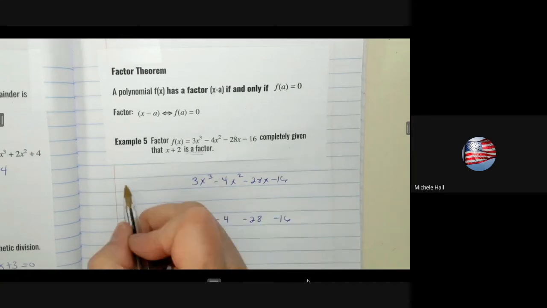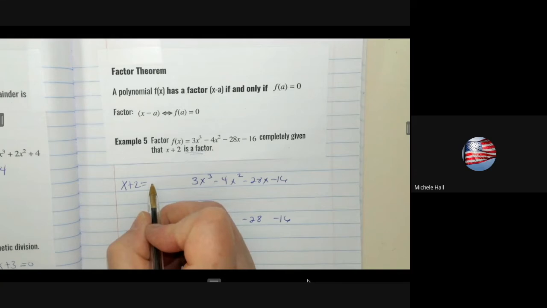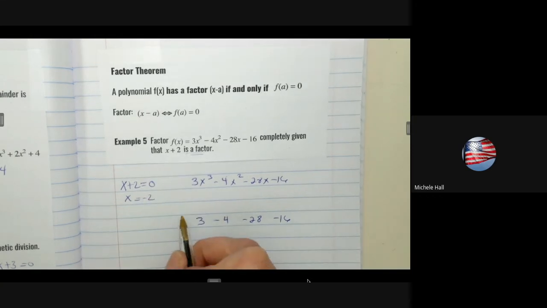X plus 2 is a factor, and we need to find the x. So when x plus 2 equals 0, we get x equals negative 2. That's what we want to use to divide by.